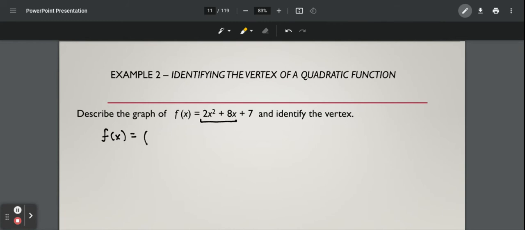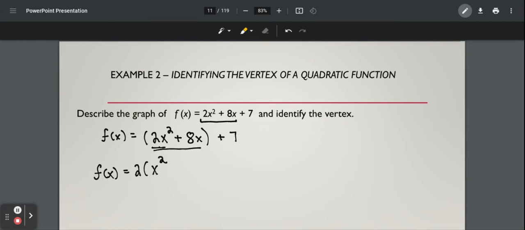But before we do that, we're just going to group our 2x squared plus 8x. And then our plus 7 is going to just stay separate. So then what happens is we need this inside part right here. This is what we're going to try to turn into a perfect square trinomial. So in order to do that, we have to factor out the 2 because we need the x to have a leading coefficient of 1.